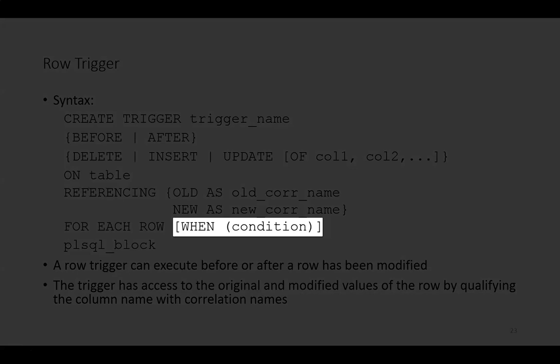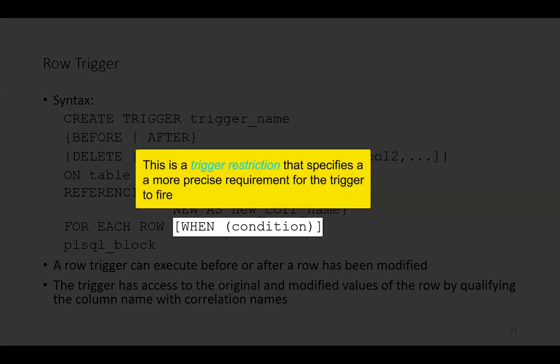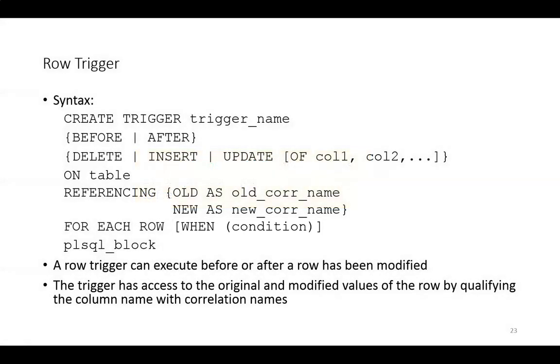In addition, we can specify a more precise situation, not just an insert or an update, but by specifying the when clause, we can also indicate a very specific trigger restriction, an additional condition for the trigger to fire. This condition is expressed as an SQL condition. If this condition is not met, the trigger does not fire, even though there's a DML operation being applied.